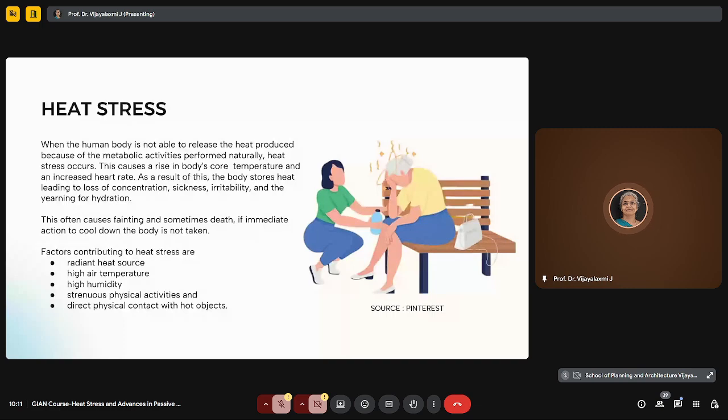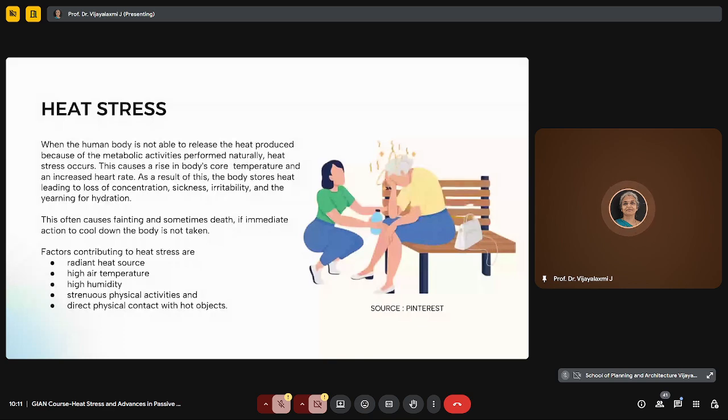Our heartbeat increases, we get foggy, or we feel sick, nauseous, irritable. As a result, the body stores heat, leading to loss of concentration, sickness, and sometimes fainting and also death. That is the reason why we are even looking at heat stress as an issue.